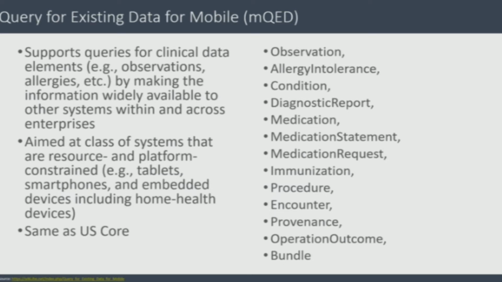So Query for Existing Data is a profile that the PCC domain produced, and as I said in the last hour, it has, in an international specification, created a profile which is just the subset of the most interesting FHIR resources, very much taking inspiration from Argonaut and from the various country cores like US Core and Netherlands core. So QED is essentially the equivalent of Argonaut, if you will, or US Core.